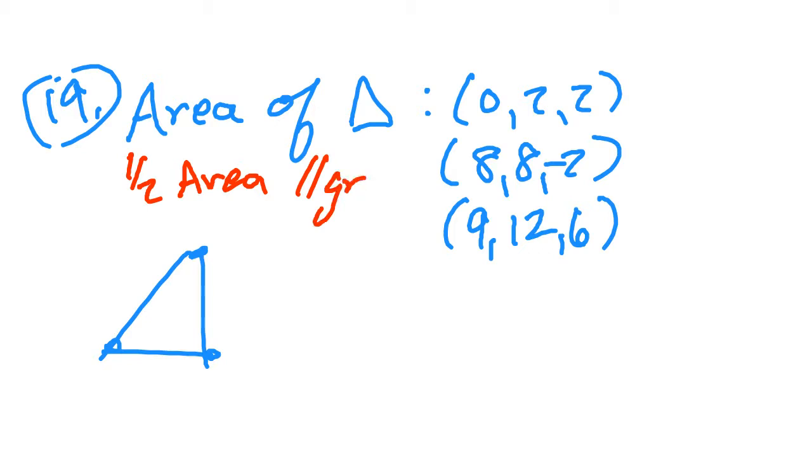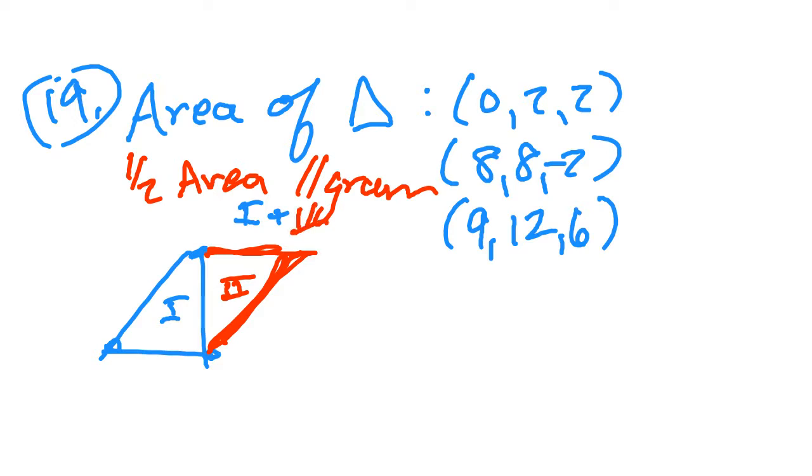That's a parallelogram, and this would be area 2, this would be area 1. I'm looking for area 1, but the area of the parallelogram is area 1 plus area 2.